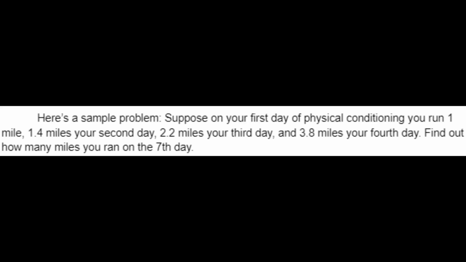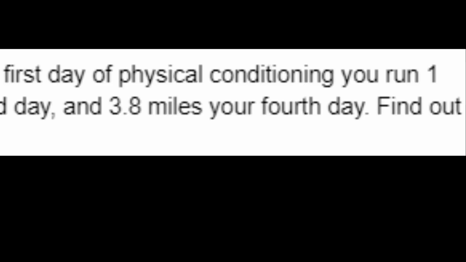Okay, another example problem, I guess, just to check my work to make sure the entire process is right. So let's use a value that we already have. Let's use 3.8. That's for the 4th day. So let's plug in the values and see if it works.